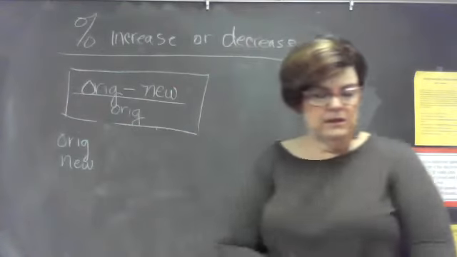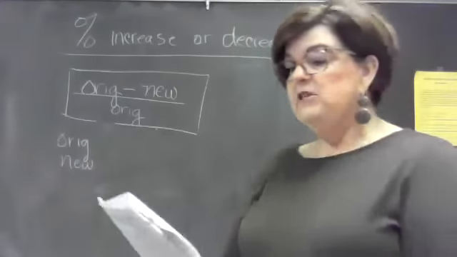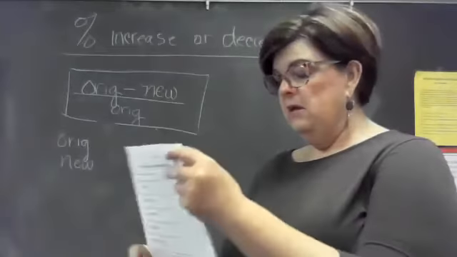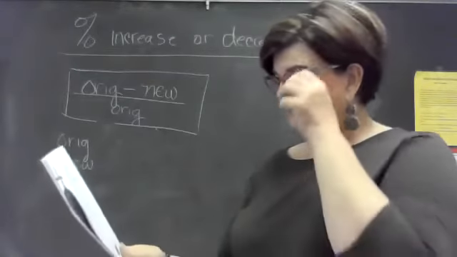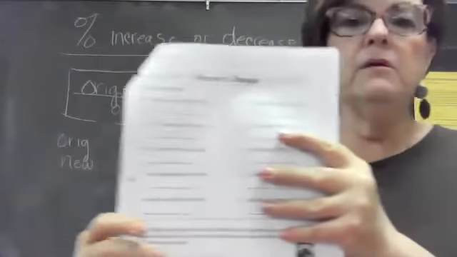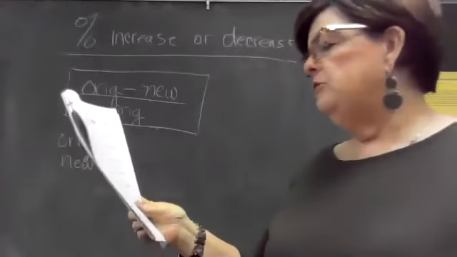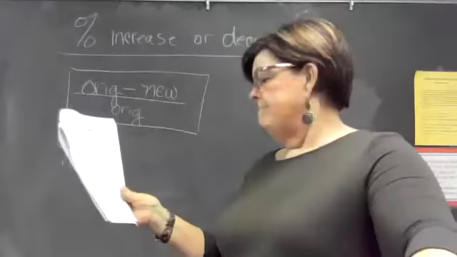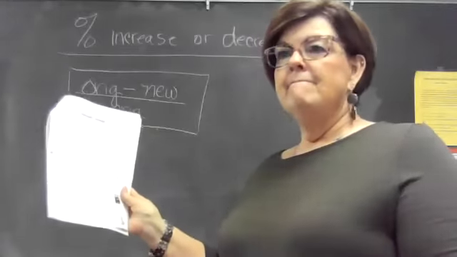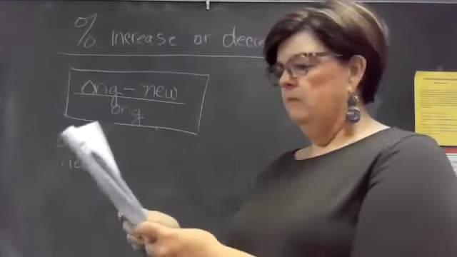Okay, let's look at the next page, which is actually the last page you're going to look at today. I think you're okay with the top part. We better look at a word problem. Do you all want to do 11 or 12? 11, okay.